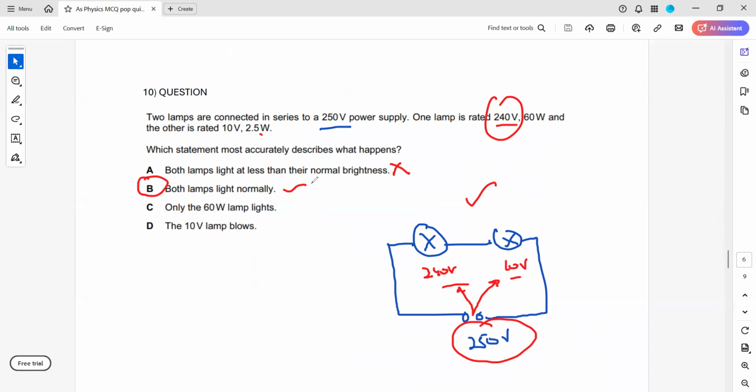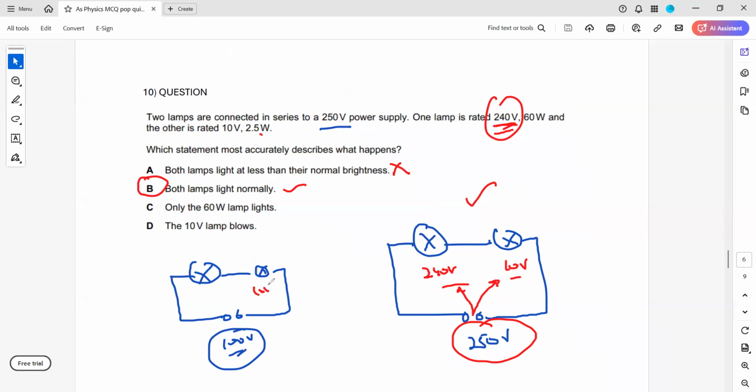That is the more accurate explanation, because this is a possibility. But what if I had two lamps and a supply of, say, 100 volts? In that case, what will happen? For normal brightness, one needs 240 and the other needs 10.